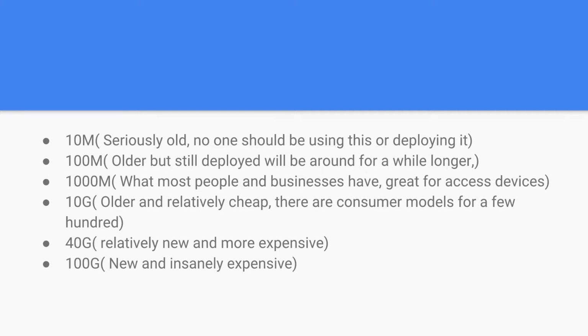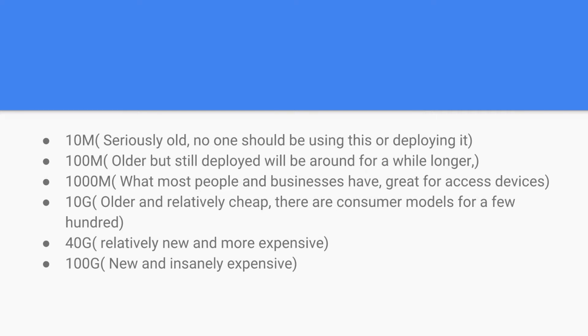That uses the SFP Plus connector, which one of these days I will make a video to show the different connector types. But they do also make 10 gigabit switches and Ethernet cards in the standard RJ45 format. It's just you use a much higher quality cable.